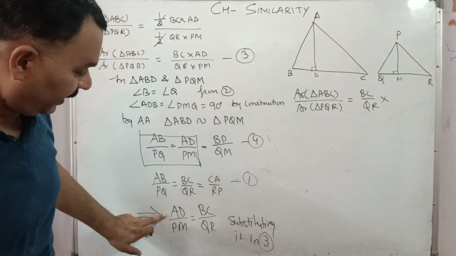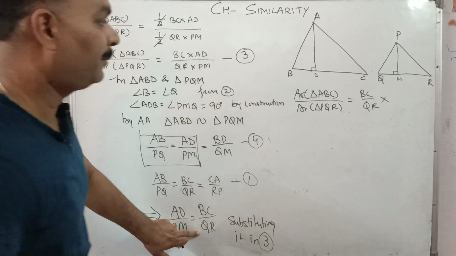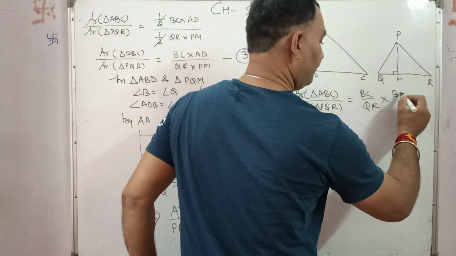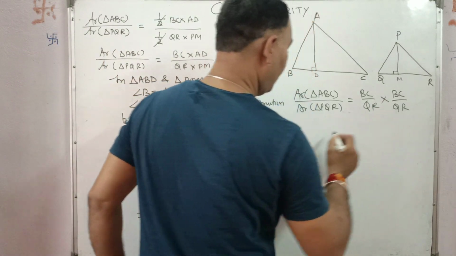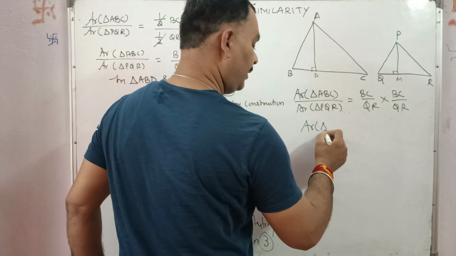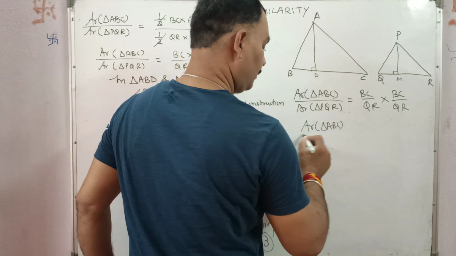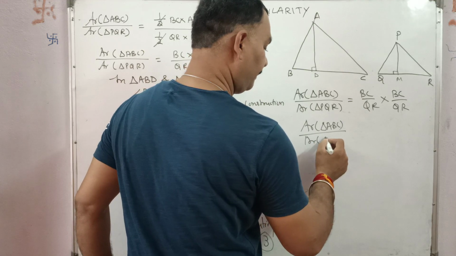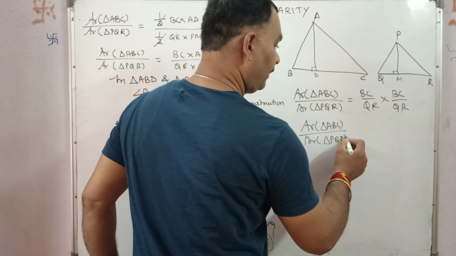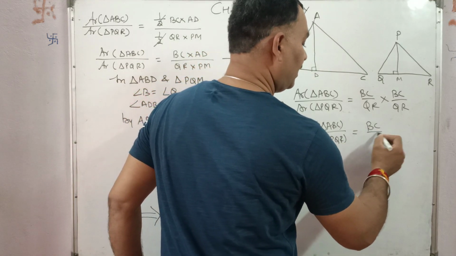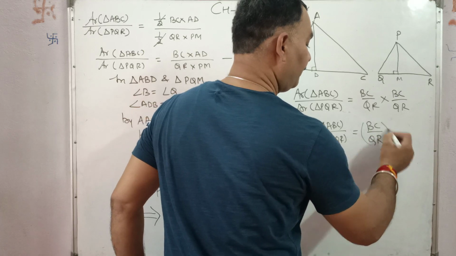So in place of AD upon PM, we will write BC upon QR, and the area of triangle ABC to the area of triangle PQR is equal to BC upon QR whole square.